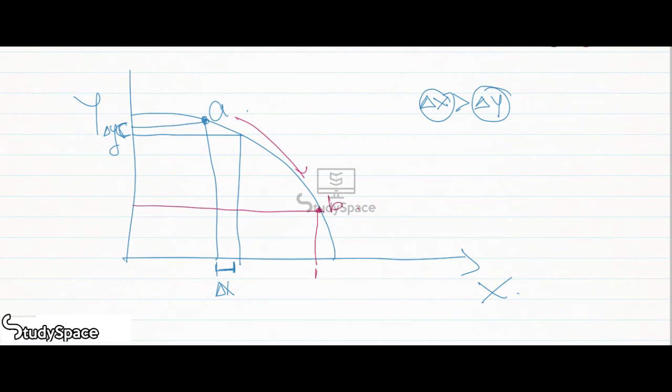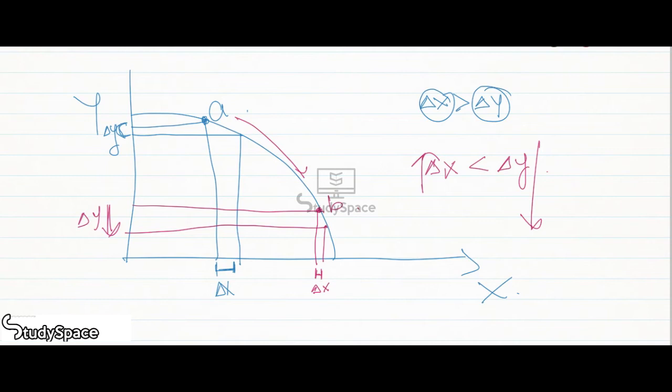But if I want to increase my production of good X a little bit further, let's say to this point, I will have to shift my resources from the production of good Y to the production of good X. Here I can clearly see that the change in production of X is less than the change in production of Y. This means the increase in the production of X is much lower than the decrease in the production of Y. But in the previous case, the increase was much greater than the decrease.